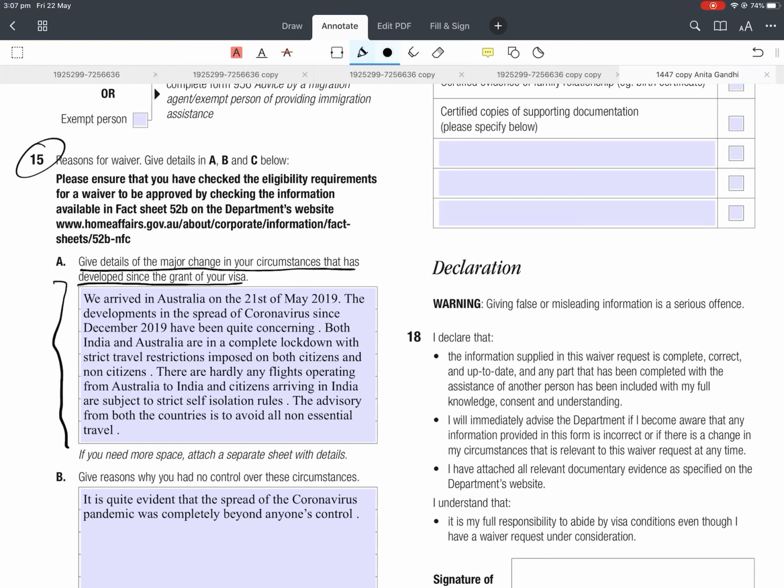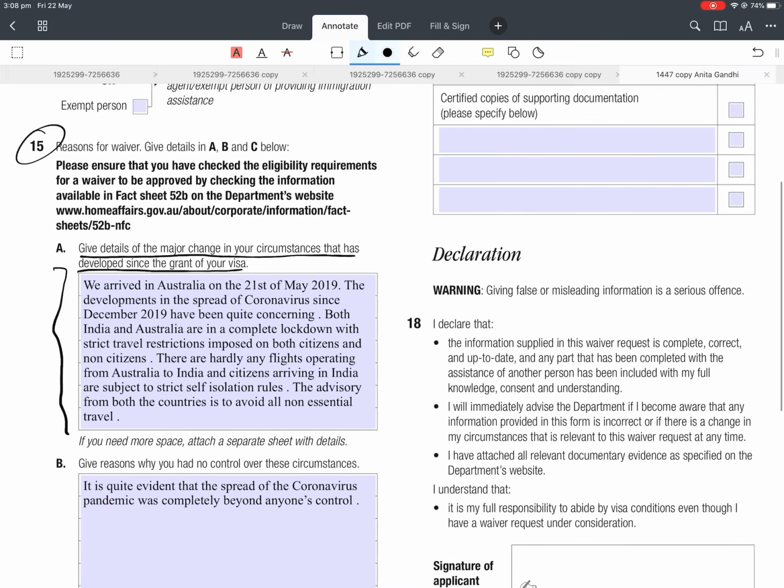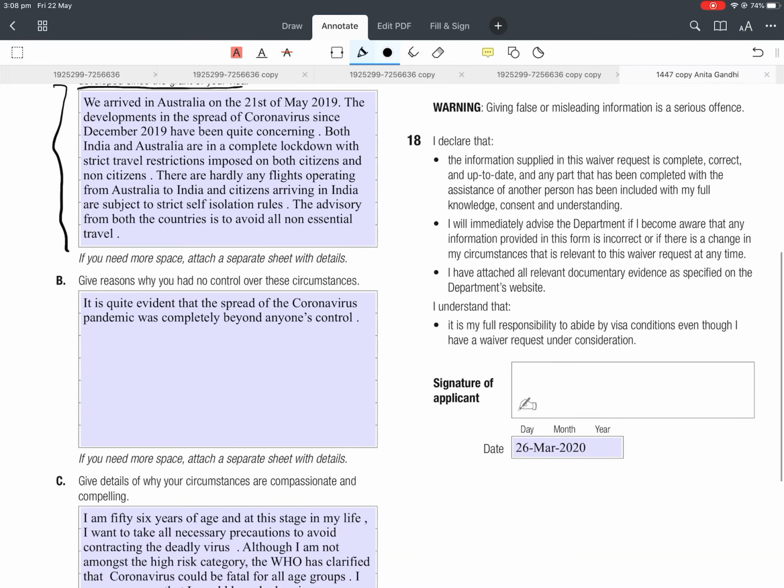There are hardly any flights operating from Australia to India, which we know is a fact. And citizens arriving in India are subject to strict self-isolation rules. It's again a fact. The advisory from both the countries is to avoid all non-essential travel. So again, very factual, straight to the point, and you've highlighted what the reason is.